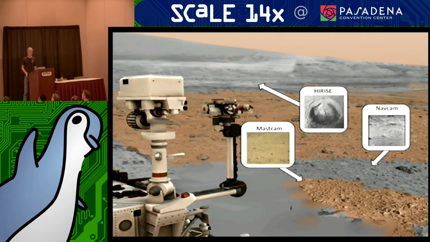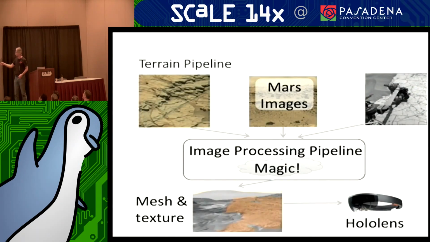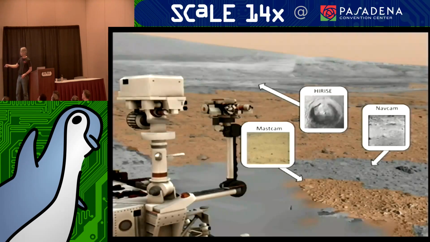So when we're doing this, there's a couple different types of imagery that we need to combine because we don't have high-res color imagery of all of Mars, unfortunately, especially in the places where the rover is just arriving. So the main types of images that we work with are black and white images from the rover's navigation cameras, which give fairly low-resolution grayscale imagery.